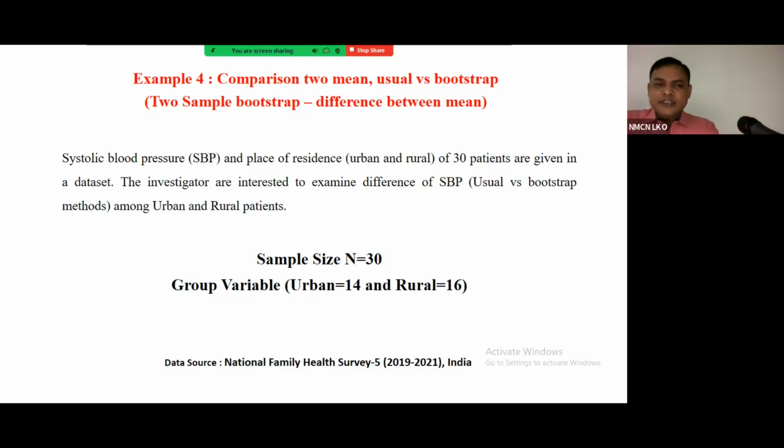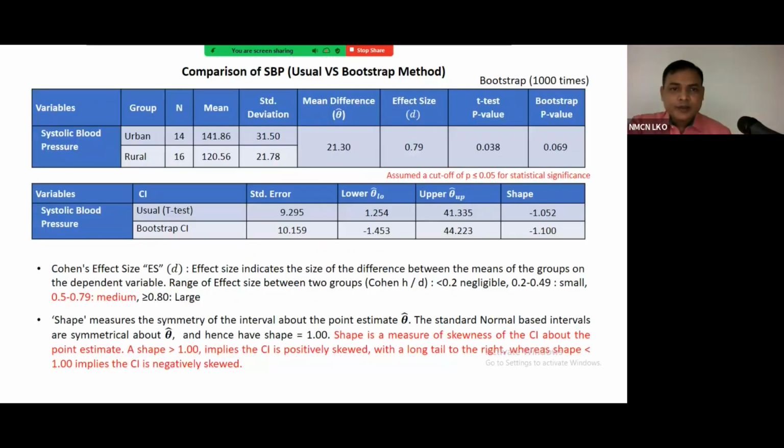So the investigator is interested to examine the difference of systolic blood pressure between urban and rural patients. In the first table, out of 30, the urban patients are 14 and the rural patients are 16.